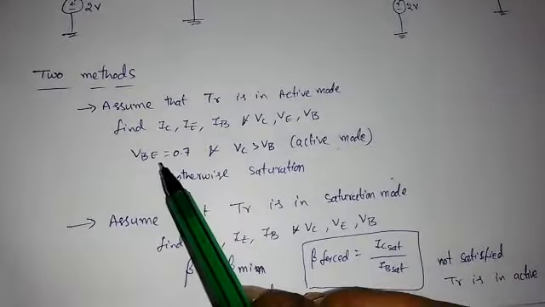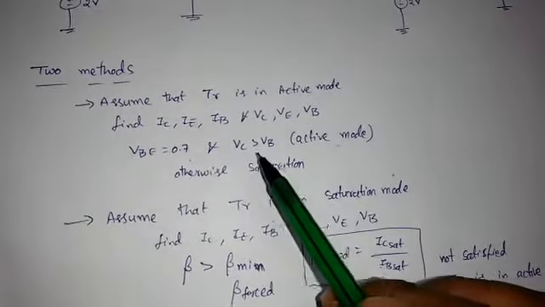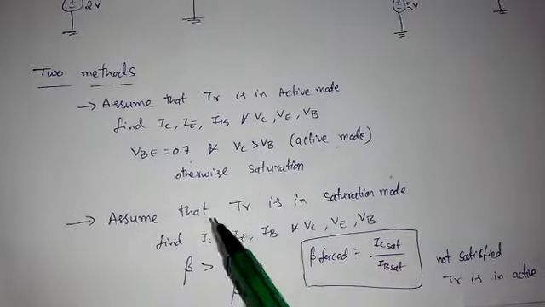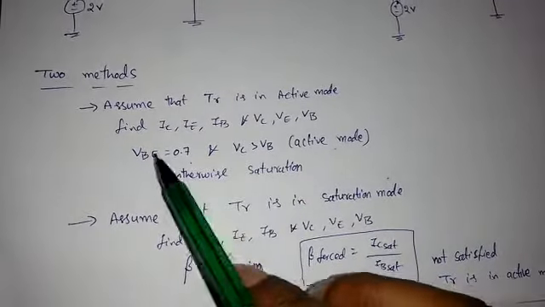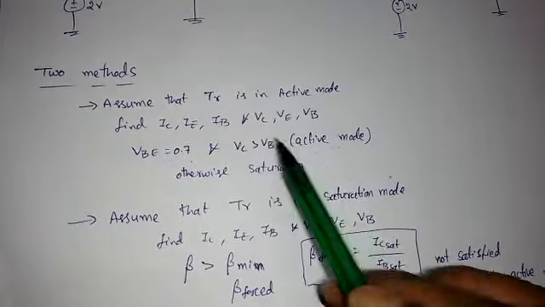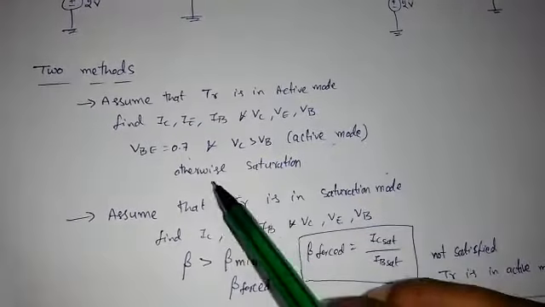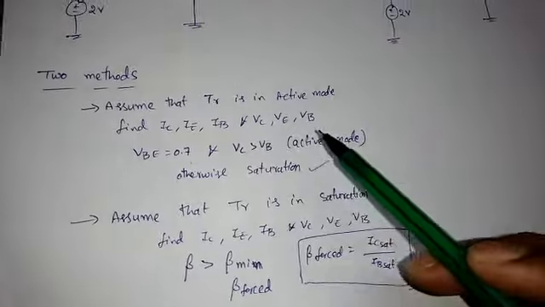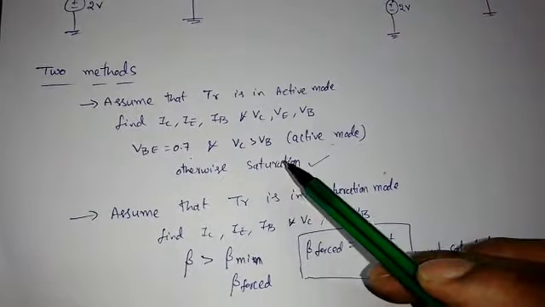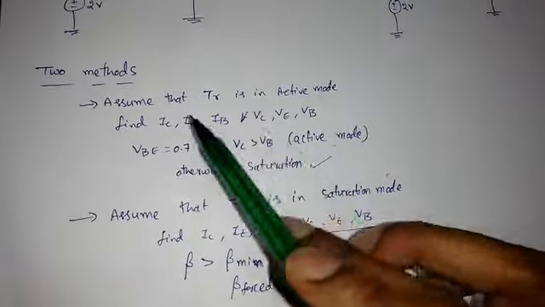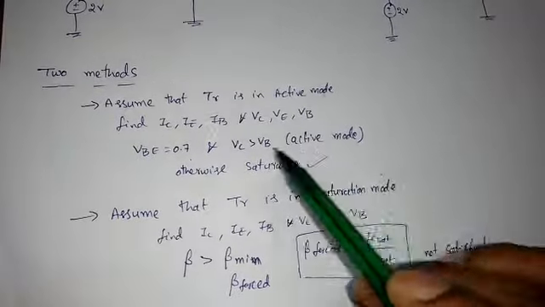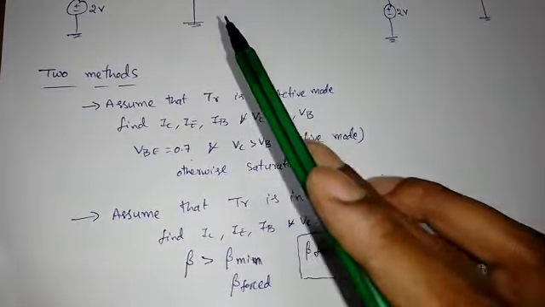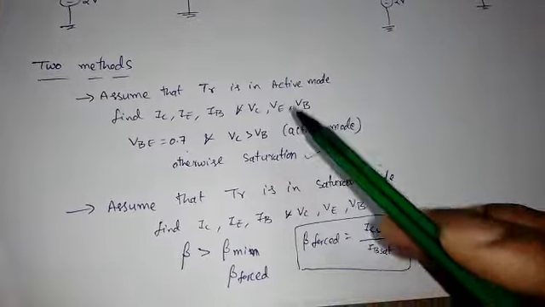We know that for the active region VBE should be 0.7 volts and VC should be greater than VB, right? If these two conditions are satisfied, then whatever we assumed is right. Otherwise the transistor is in saturation, right? Now the moment it is in saturation, these values are not valid. So again we have to assume saturation and find the voltages and currents.